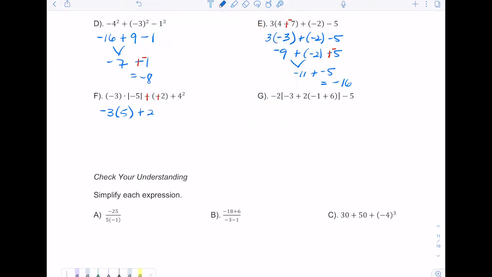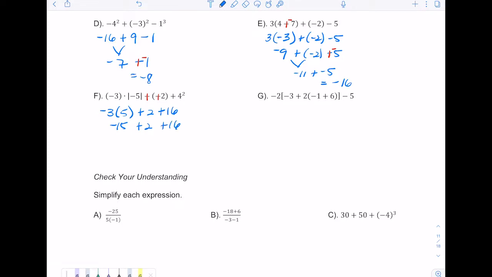So I've got this. I'm going to take care of 4 to the second power, which is 16. Okay, so actually you could have even done that in that step there if you wanted. Now I'm going to multiply. I have to multiply before I add. So -3 times 5 gives me -15, plus 2 plus 16.